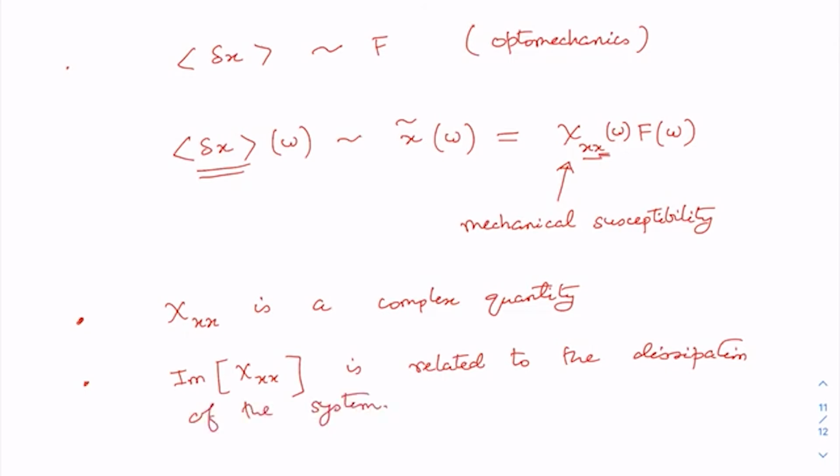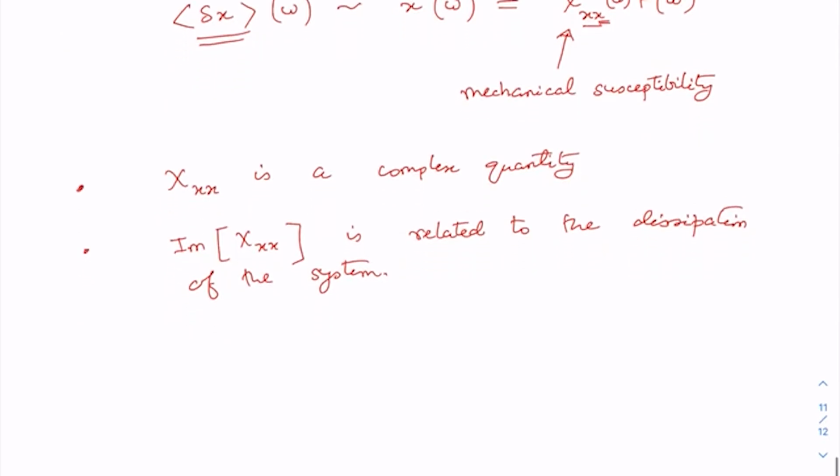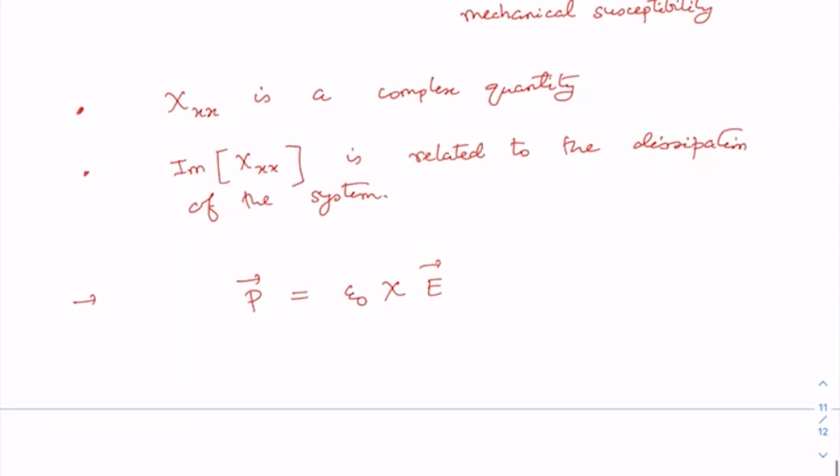To make you understand it, let me go back to the case of electric susceptibility, where polarization is directly proportional to the electric field. All of you must have done electromagnetic theory, and there you know that the displacement vector is related to the polarization by epsilon 0 E plus the polarization.